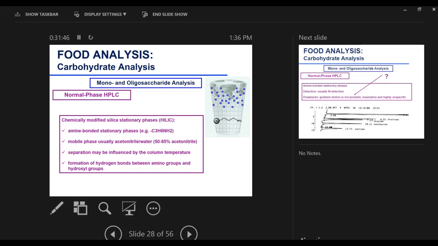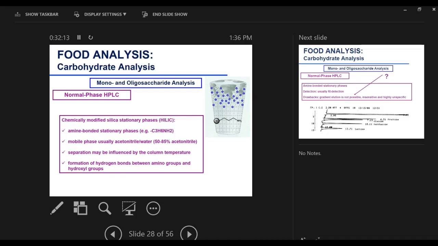So before you look ahead on the next slide, separation is based on hydrogen bonding between amine groups and hydroxyl groups. If you have glucose and sucrose, which one will elute first? Do not look ahead. Just think about it.